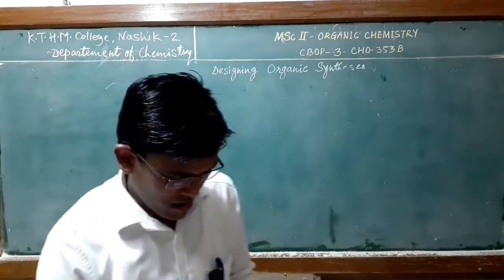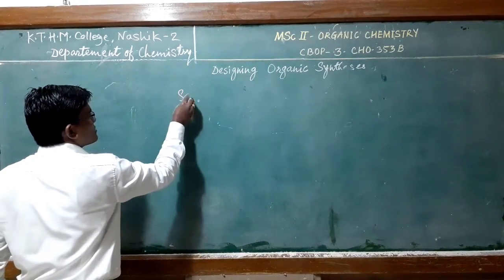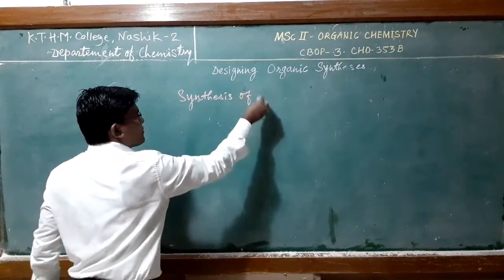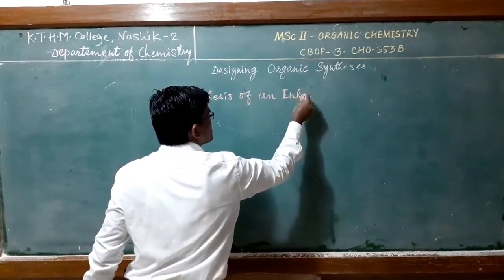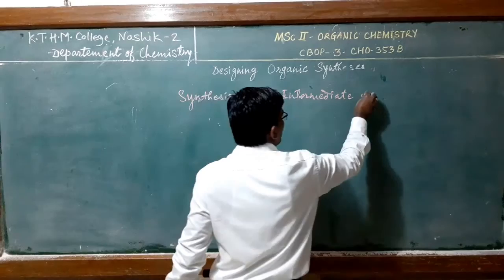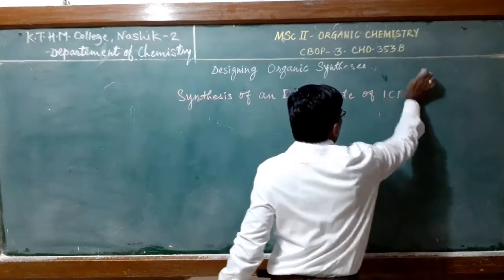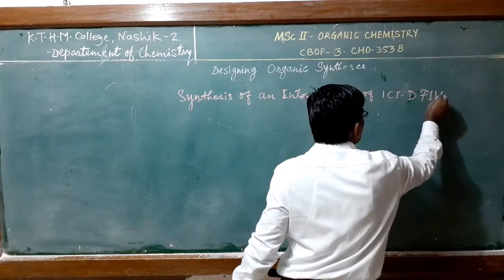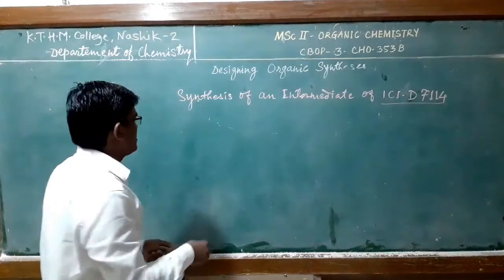So, in the end we have got hydroquinone. This is the synthesis of an intermediate of ICI D7114.